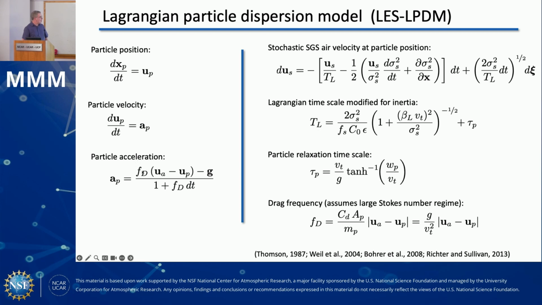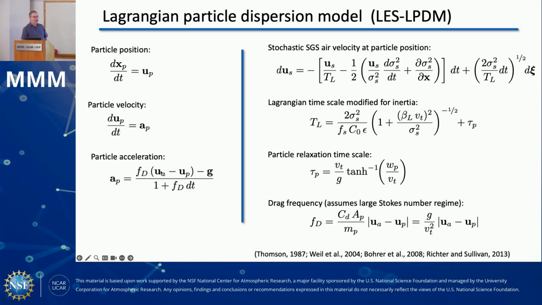This is basically a drag frequency, and this is what's called the slip velocity. So it's the difference between the atmospheric velocity and the particle velocity that is determining the acceleration of that particle along with gravity. This is the atmospheric velocity.